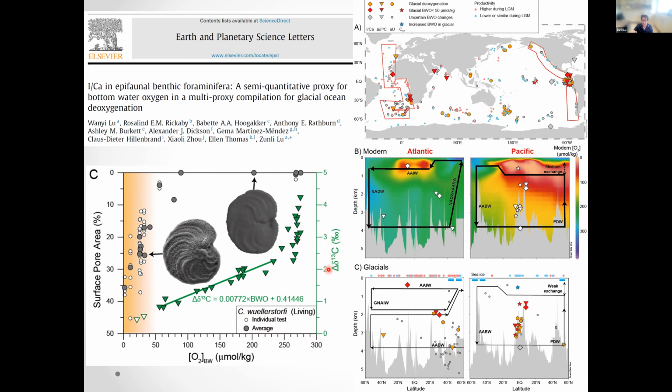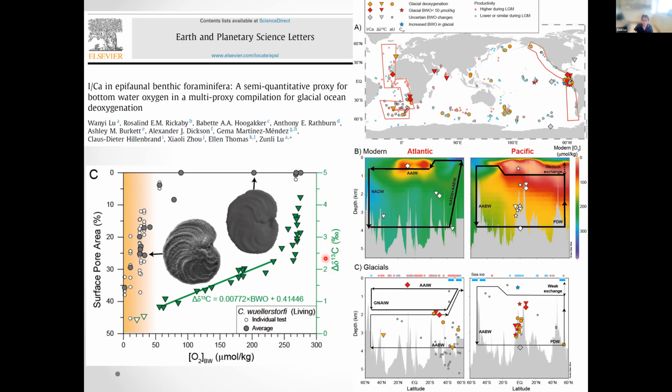Basically, you have two forams. One lives at the sediment-water interface, or slightly below that, and another species lives at the oxic-anoxic boundary in the pore water.